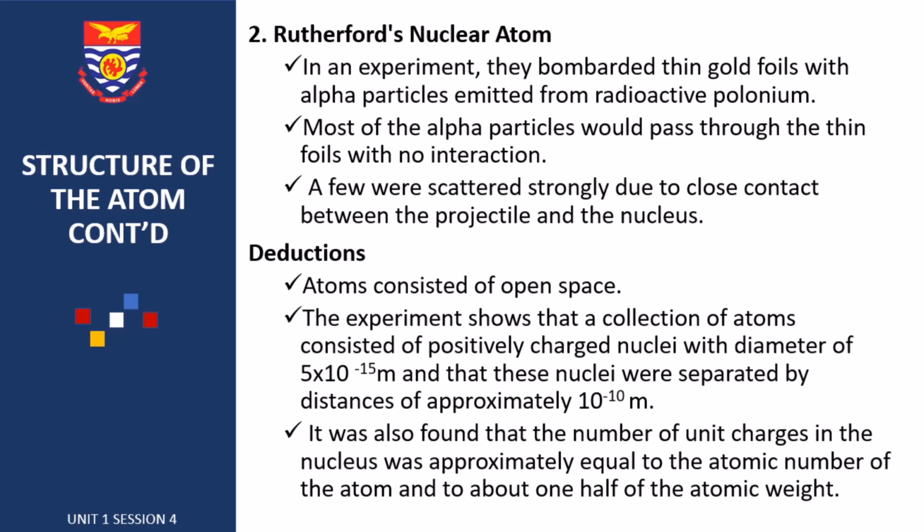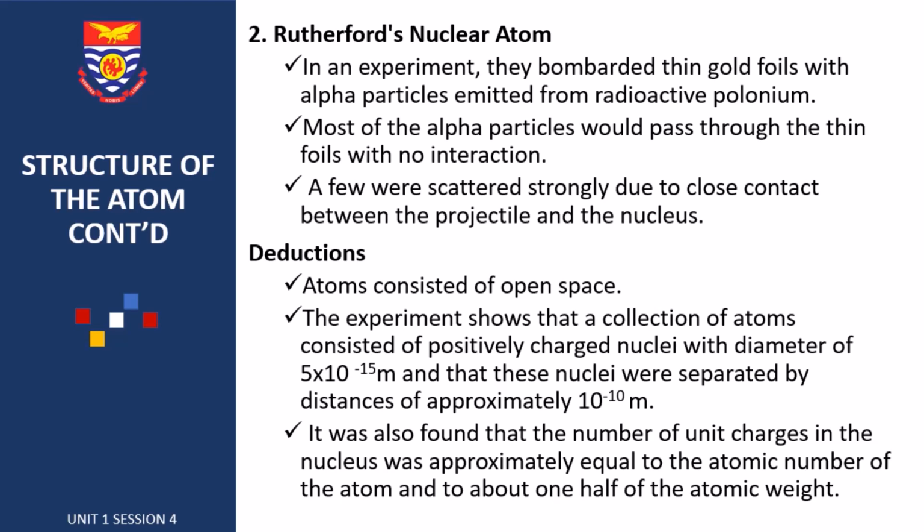So it was Rutherford's idea that if the atom is positively charged, then when the alpha particles, which are also positively charged, are incident on the atom, there should be some massive deflections, and the alpha particles should also travel through the atom.